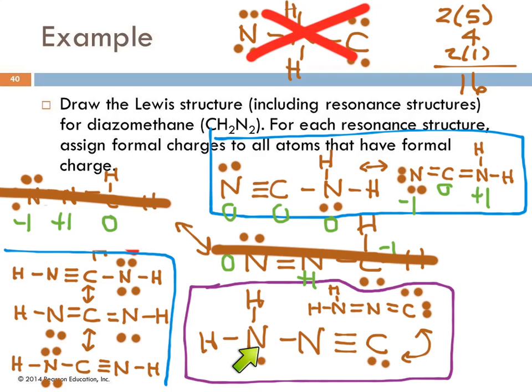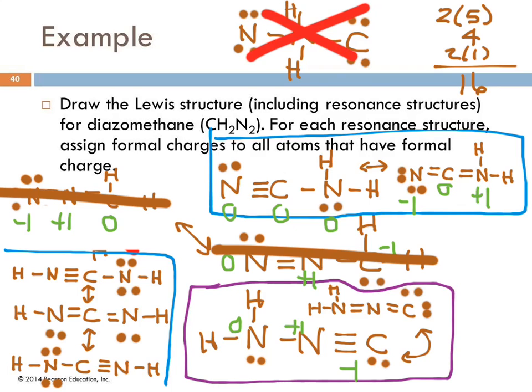This guy down here, this nitrogen. Formal charge is what? This one right here. 0. And this nitrogen? +1. And the carbon? -1.